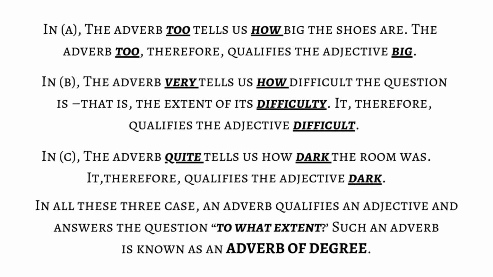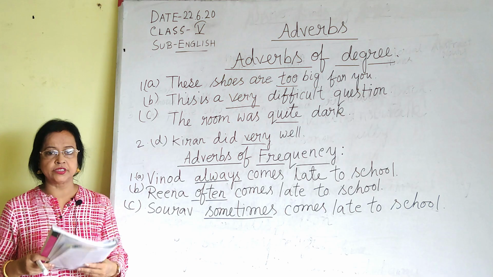It therefore qualifies the adjective dark. In all these 3 cases, an adverb qualifies an adjective and answers the question to what extent. Such an adverb is known as an adverb of degree.